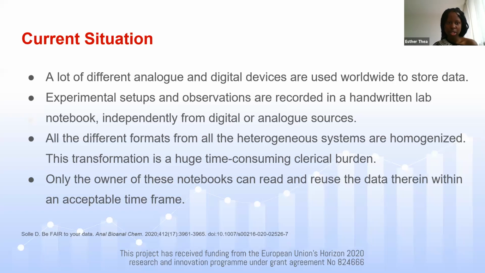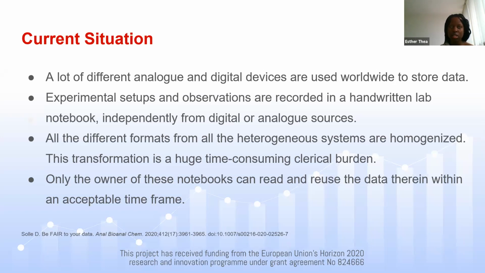So in the current situation, you will find that there's a lot of different analog and digital devices that are used to store data, and experimental setups and observations are recorded in a handwritten format in a lab notebook. And for the most part, this lab notebook is independent from digital or analog sources. And then there's different formats. And then all these different formats are in heterogeneous systems, which are then homogenized.